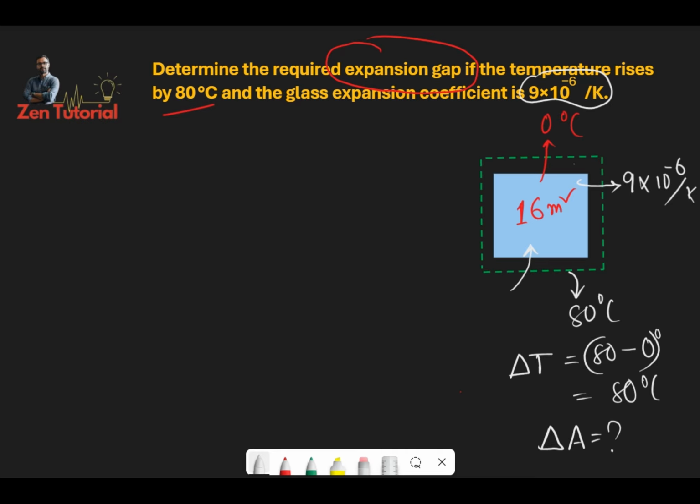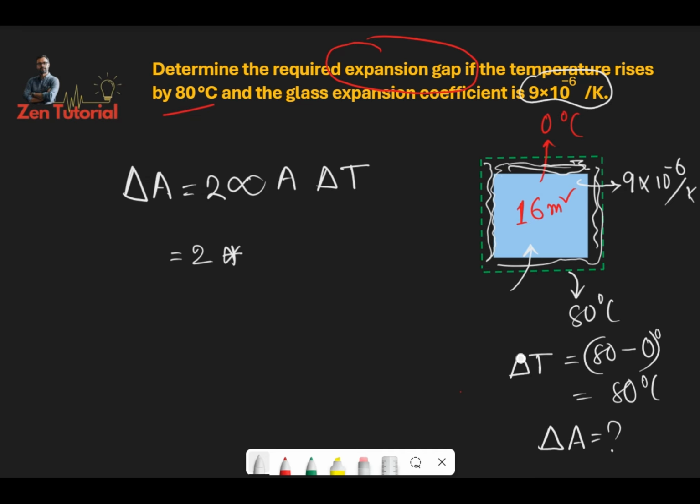This black region we have to determine, which I drew right now in white pen. Anyways, del A we have to determine. What is the formula for that? Del A is equal to 2 alpha A del T.